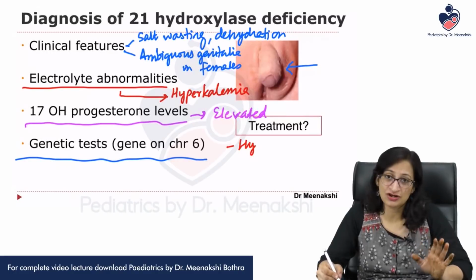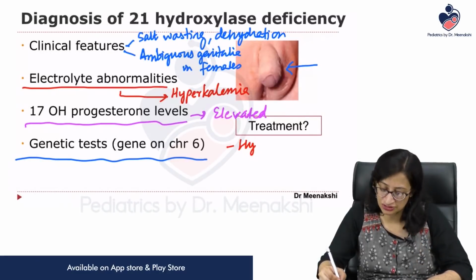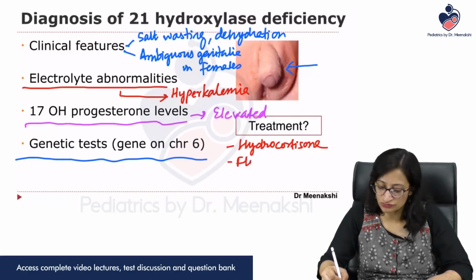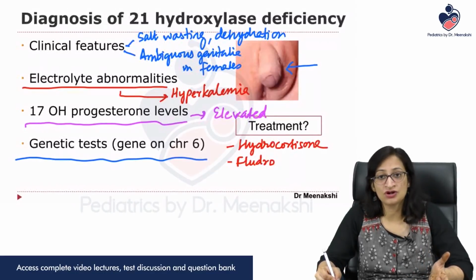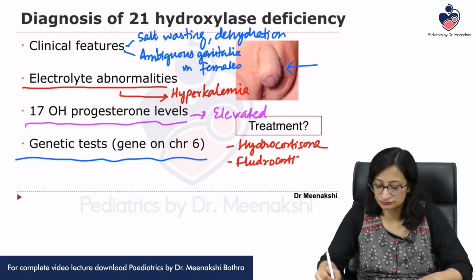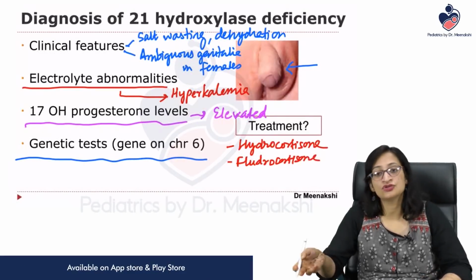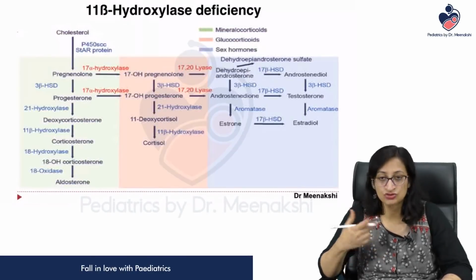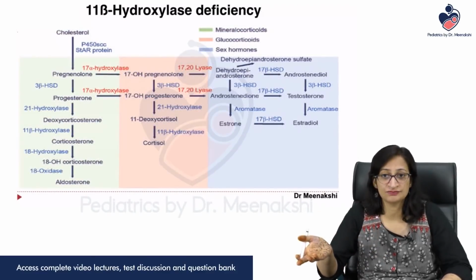Tablets of hydrocortisone are available. Hydrocortisone, which is a glucocorticoid, and fludrocortisone, which is a mineralocorticoid, are used in the treatment of congenital adrenal hyperplasia due to 21-hydroxylase deficiency.